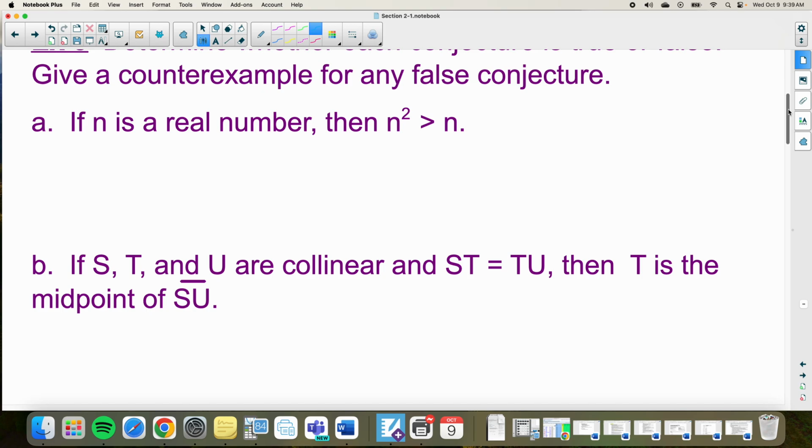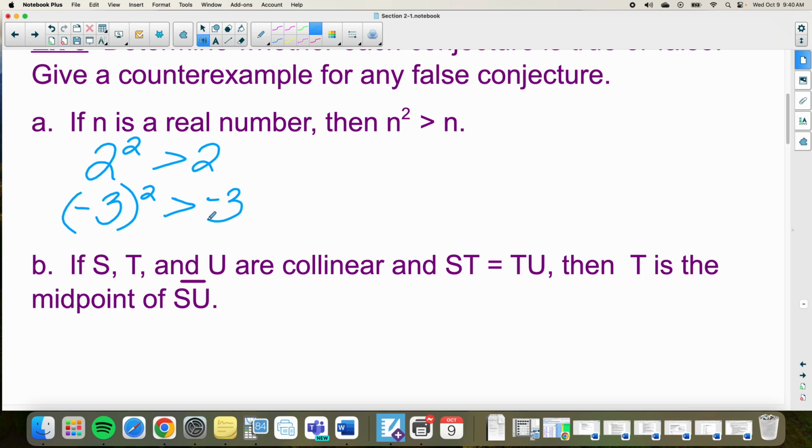So let's try a positive number first. Let's try 2. Is 2 squared bigger than 2? Yes, okay. Now let's try a negative number. Is negative 3 squared greater than negative 3? Now, do you guys know when you square a negative, it's positive.